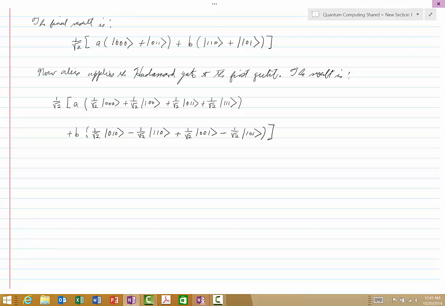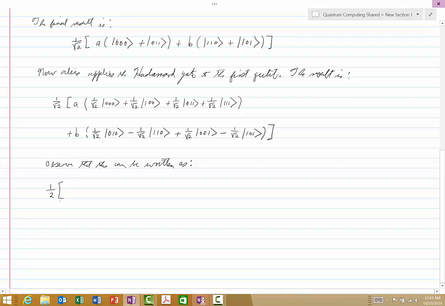And now let's observe that this can be written as, okay, everything inside the brackets has a 1 over square root of 2 multiplying it. So we can take all those 1 over square root of 2's out and combine it with the 1 over square root of 2 that we already have to give us a 1/2 outside the brackets.